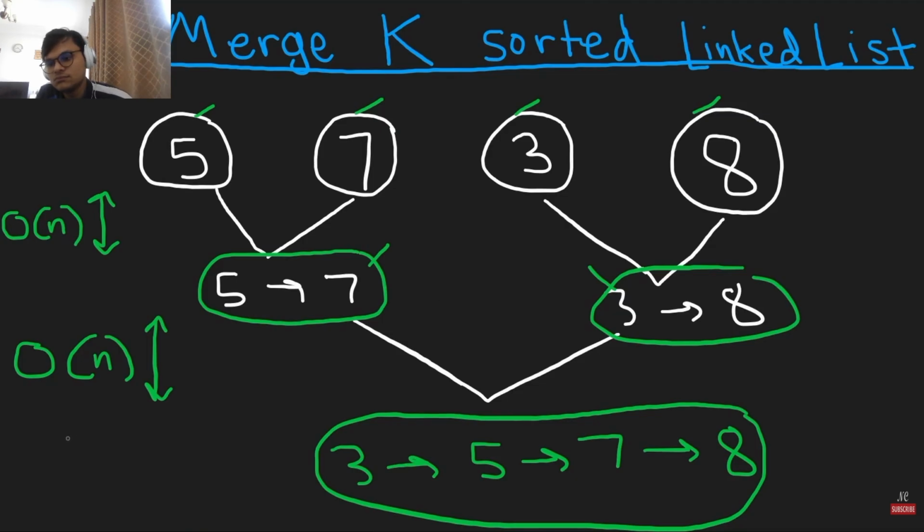So how many times can we take the k lists and divide them by 2? Well, it's going to be log k. This is the part where we speed up our algorithm.